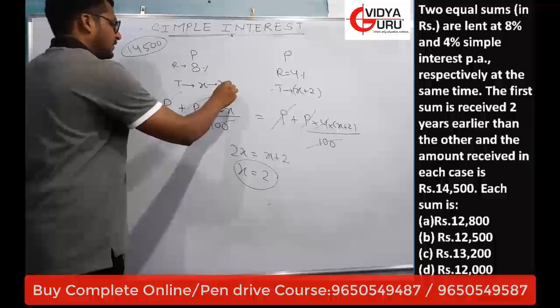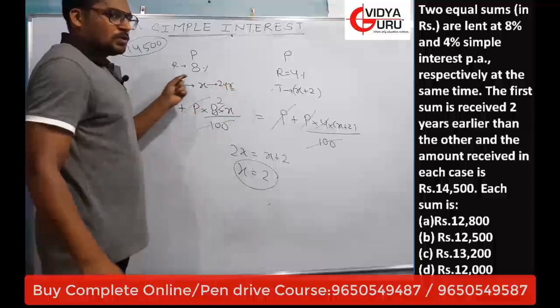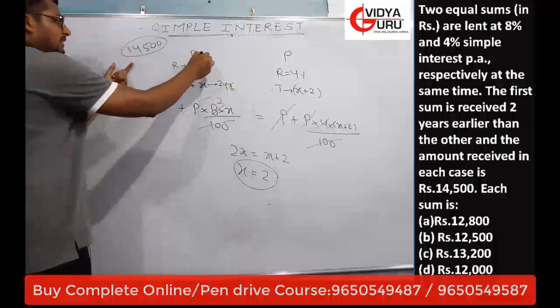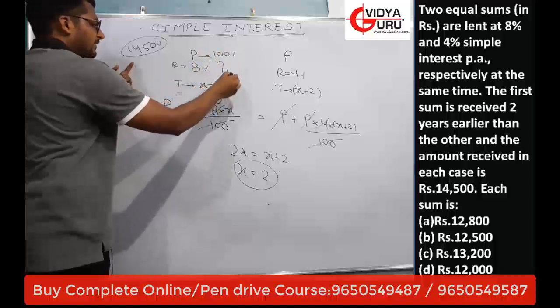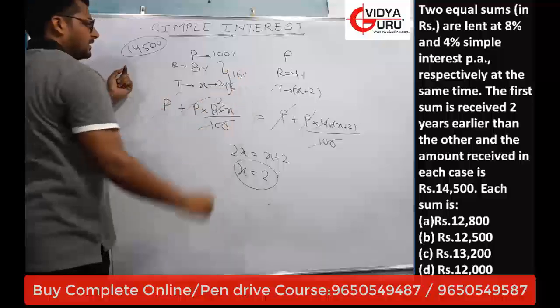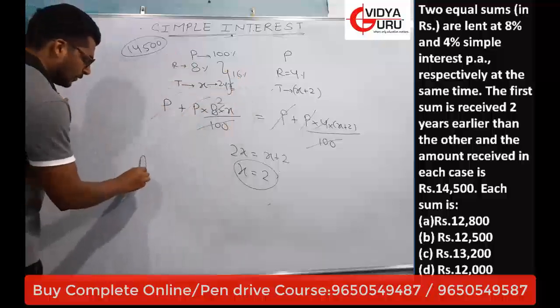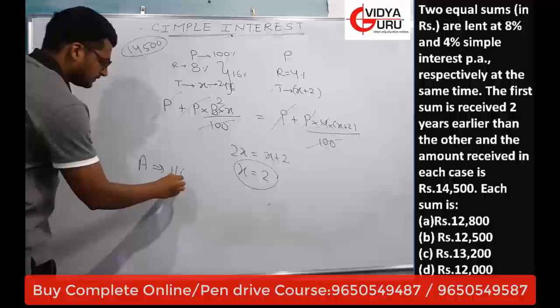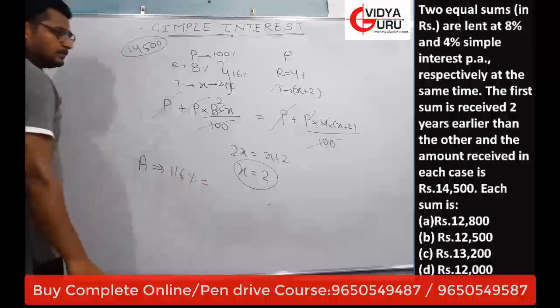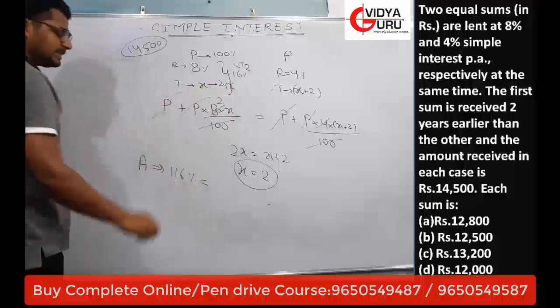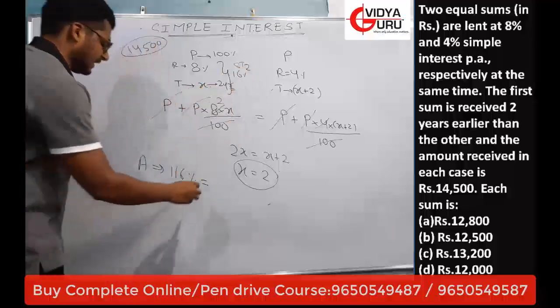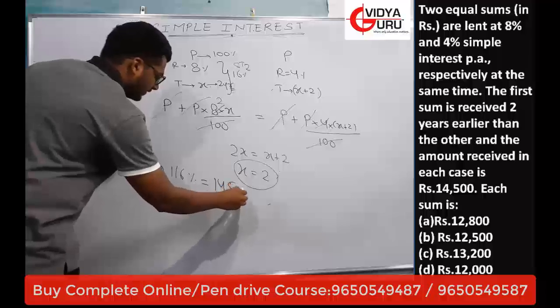Here the time is 2 years. So the principal is 100%. And what is the interest received here? 16%. Then what is the amount? 116%, because amount is principal plus SI. In percentage it is 116%, but the question is saying it is 14500.